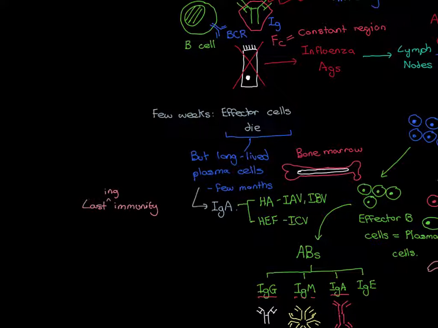So this is the way that you get lasting immunity for at least the first few months after having the influenza infection. Now, this will go beyond just the strain that infected you. Remember, influenza A virus, influenza B virus, and influenza C virus, all of them have a huge number of different strains. You'll have been infected by a specific strain.